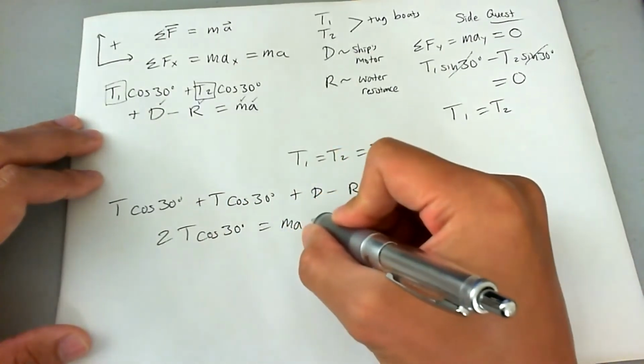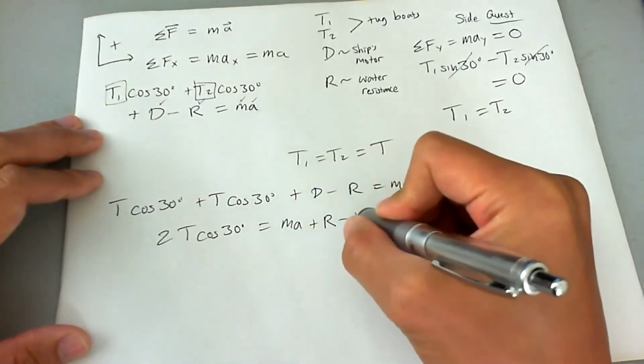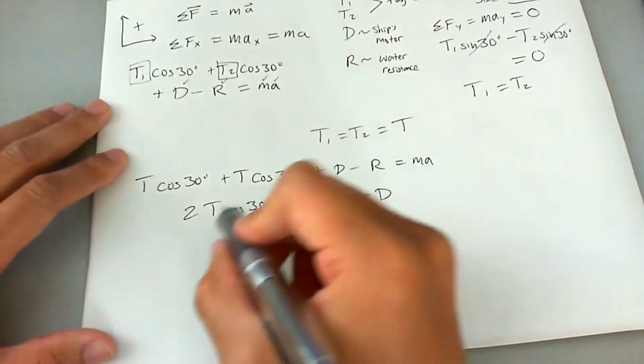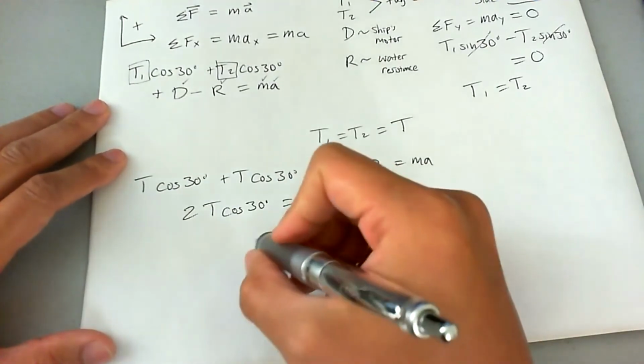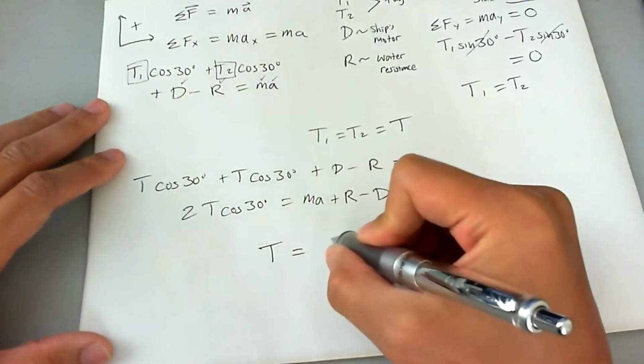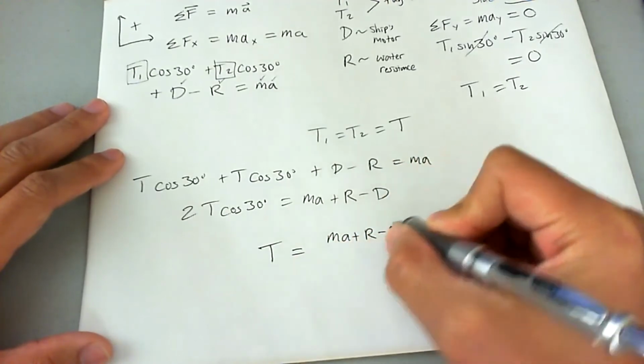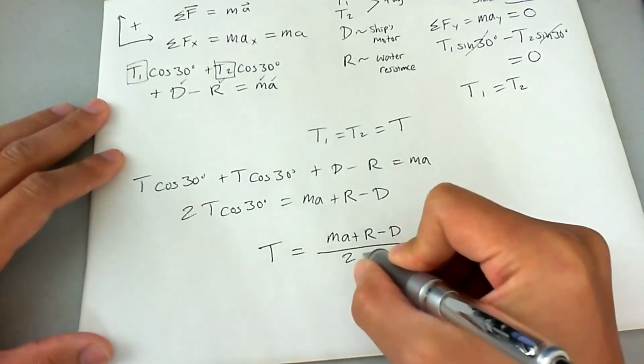It's going to be equal to MA plus R minus D. Now isolating T, we have to divide both sides by 2 cosine 30, and we end up getting T equals MA plus R minus D divided by 2 cosine 30.